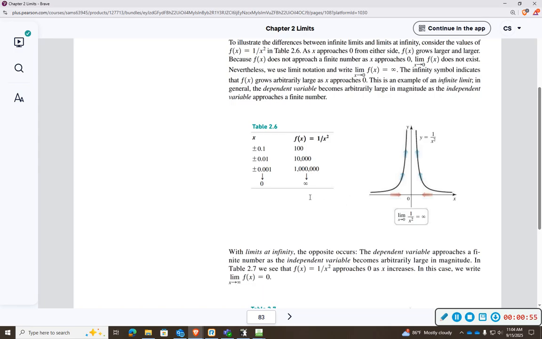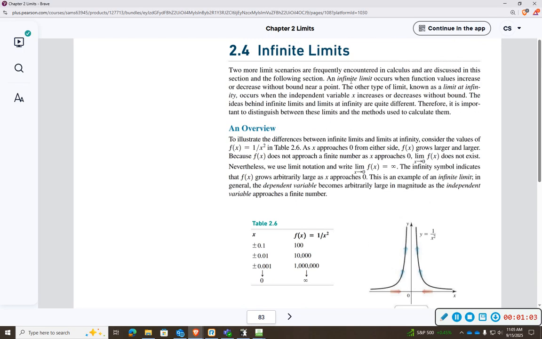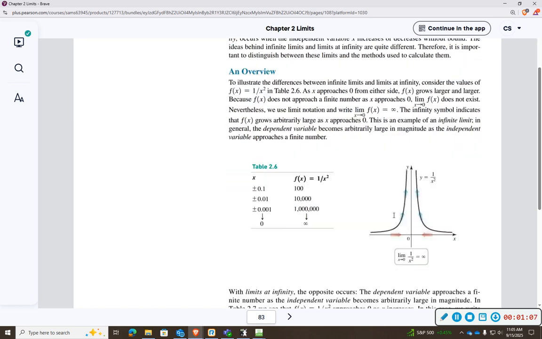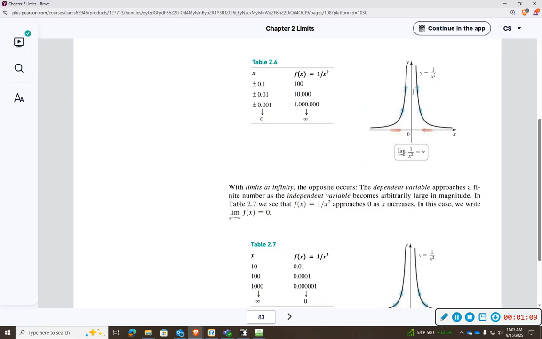So that would be a limit at infinity. So let me make sure I said that right. Yeah, infinite limits just go to infinity, and a limit at infinity means as we're going to infinity, the limit might actually approach a value.